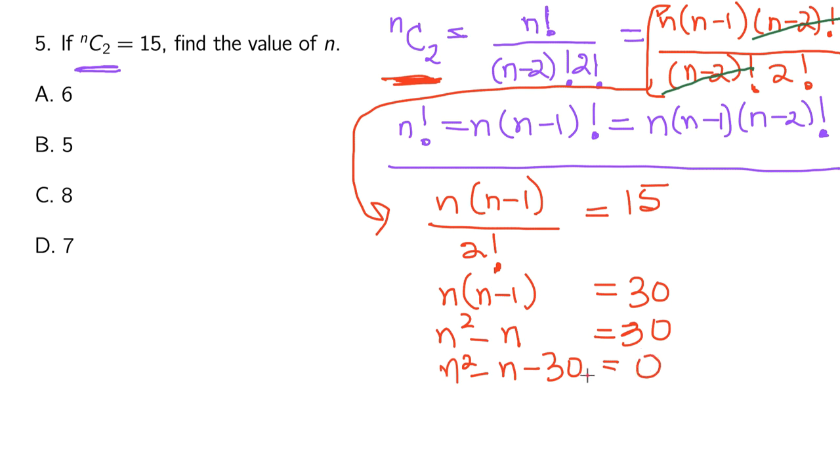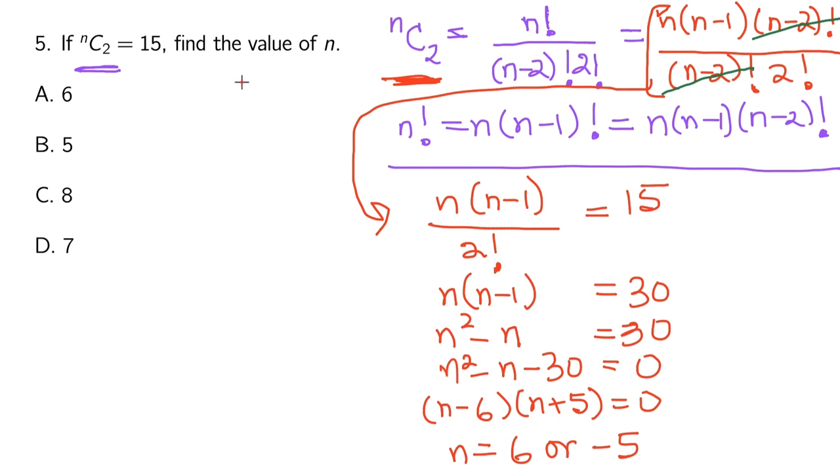We get this, and then we can factorize by first writing n minus 6, n plus 5 equals 0. What does this mean? This means that n equals 6 or minus 5. Now we know that n has to be positive, so the answer becomes n equals 6.